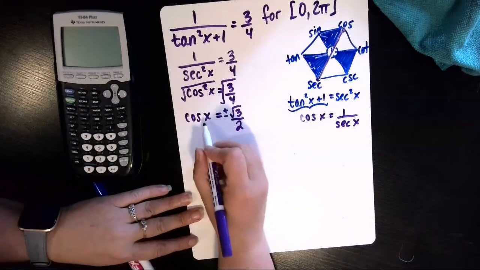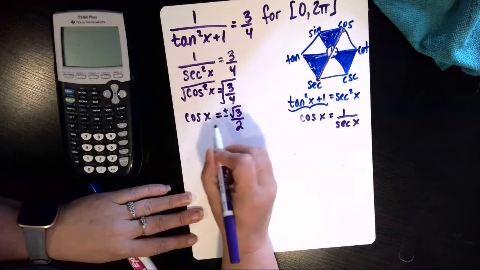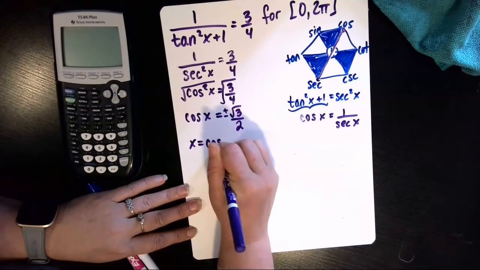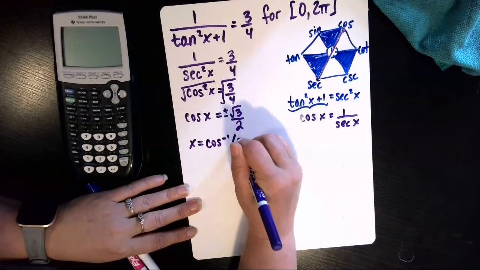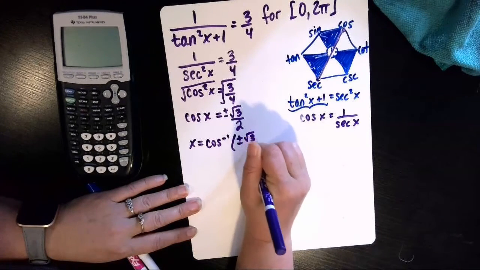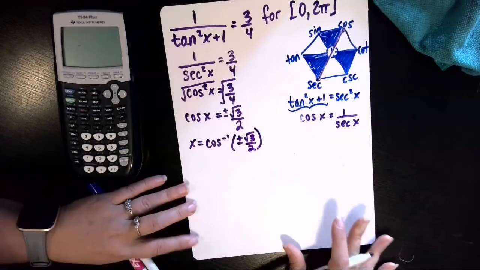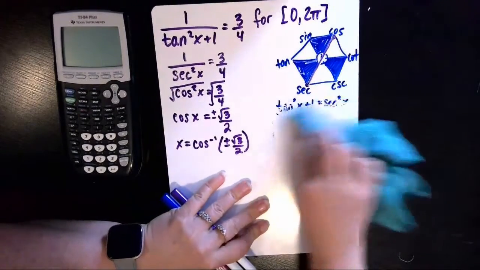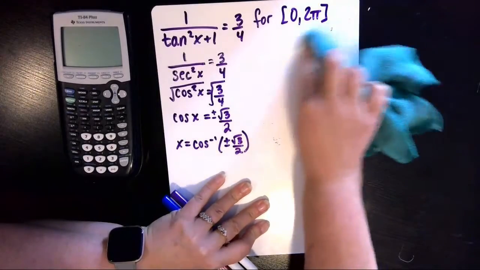Okay, next we want to get the x by itself, so we're going to need to do the inverse of both sides. So x is equal to the arc cosine of plus or minus square root of 3 over 2. And that's asking us to take a look at the unit circle.